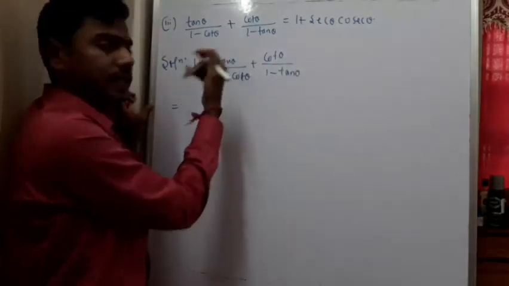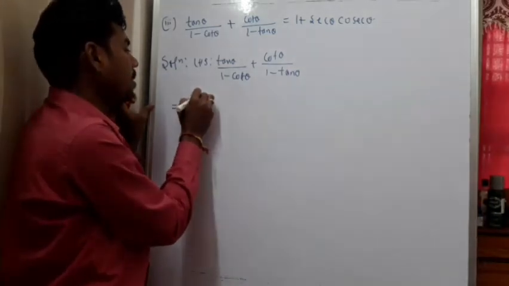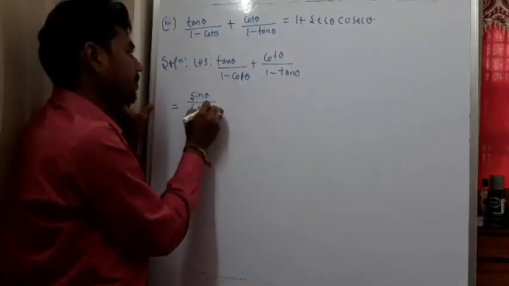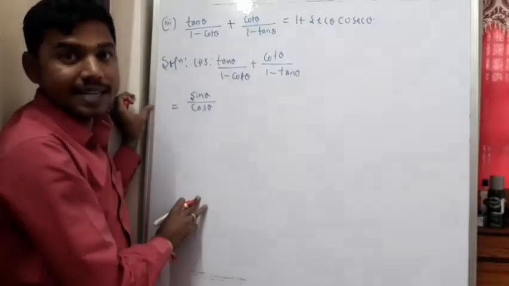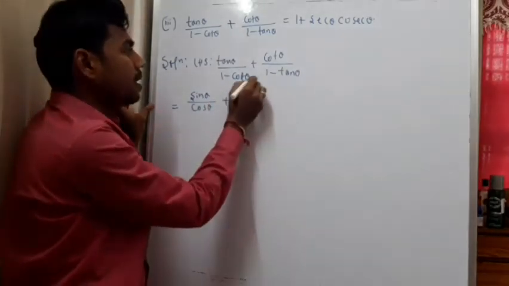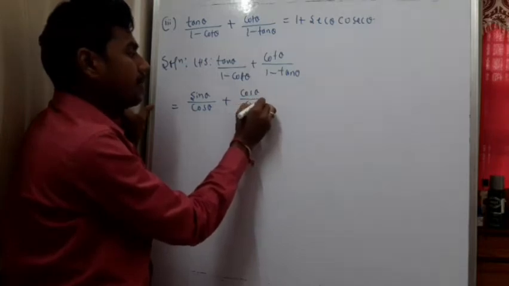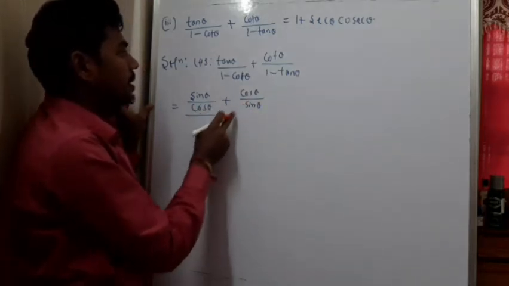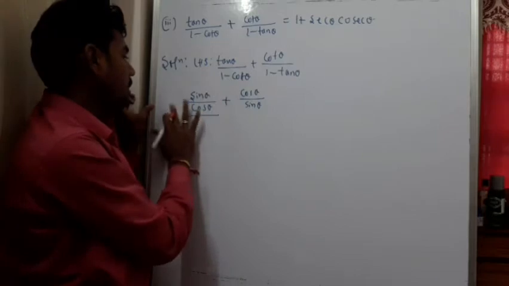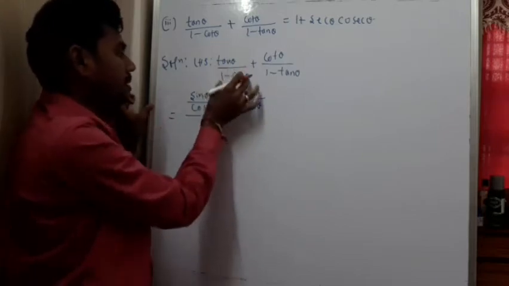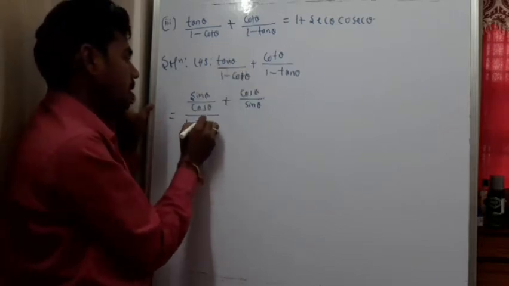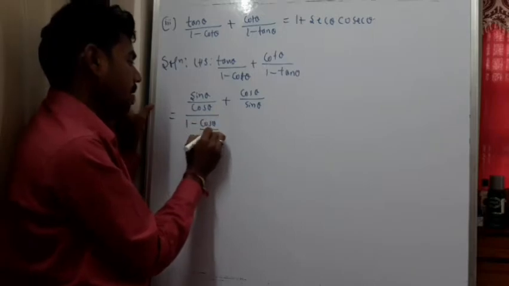What we will do, we will write tan theta as sin theta divided by cos theta, plus cot theta as cos theta divided by sin theta. Tan theta divided by 1 minus cot theta means, if I write, 1 minus cos theta divided by sin theta.